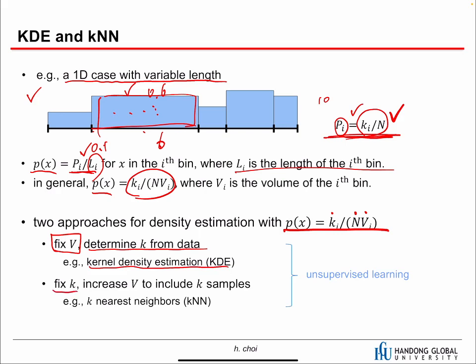The second one: we fix k, meaning the number of samples in the bin, and then we increase V to include k samples. K nearest neighbors is the most popular example for this approach. If you have some knowledge of machine learning, you might know KNN as a classification algorithm, but in this chapter, we are talking about KNN as unsupervised learning to estimate the density.